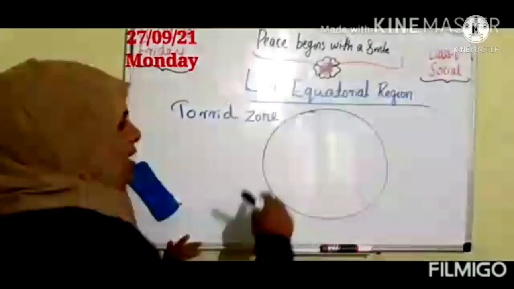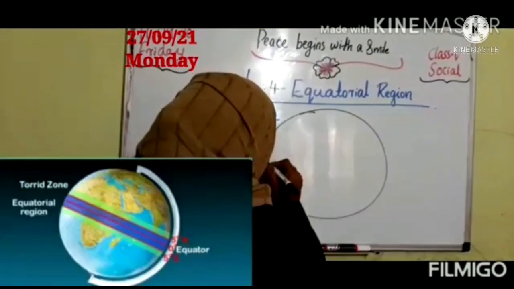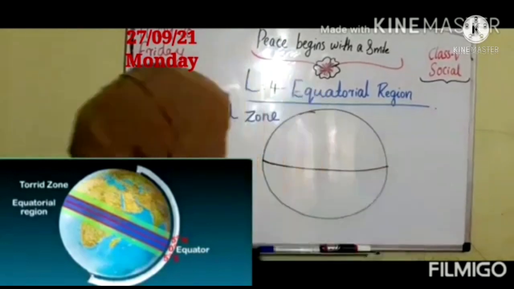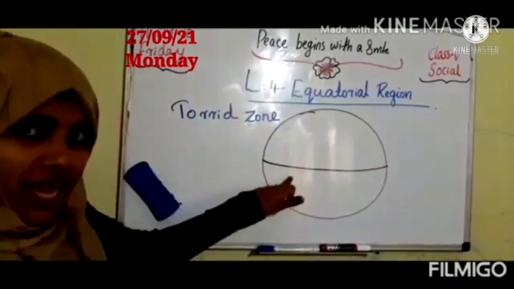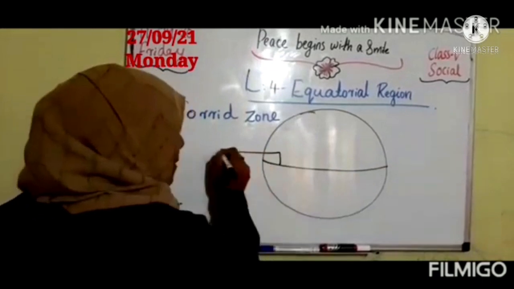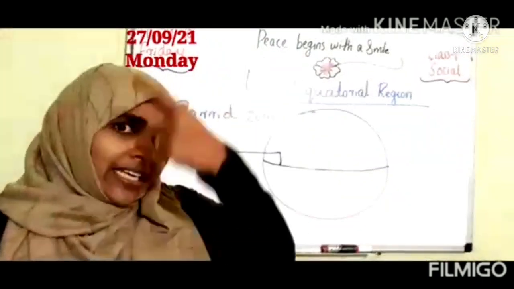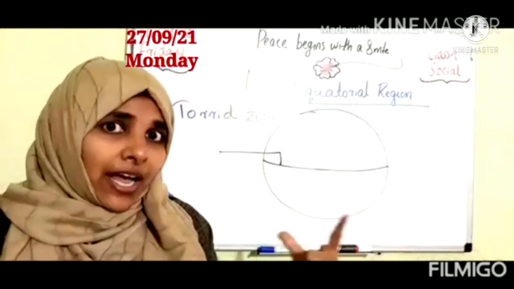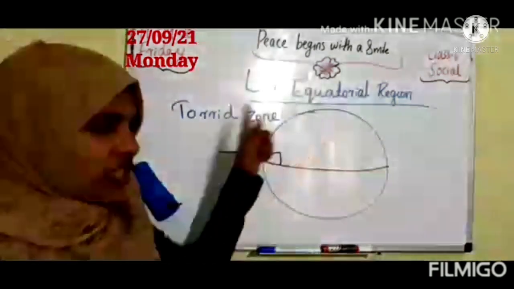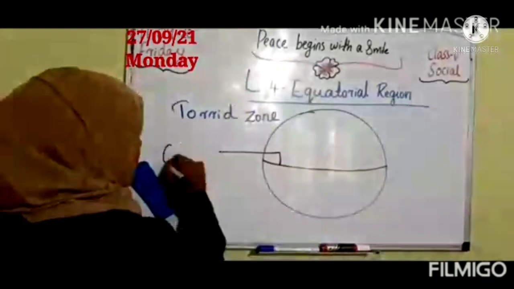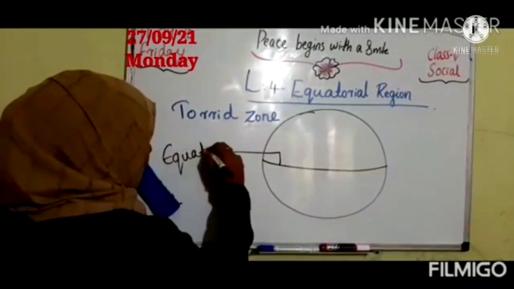Clear? So in the earth, at the center of the earth, one line is passing, right? That is the equator. Okay, all of you memorized the different zones. We already discussed the heat zones, or climatic zones, so we can check that diagram. This we call the equator.